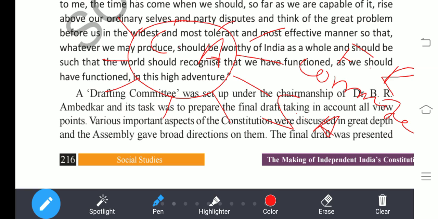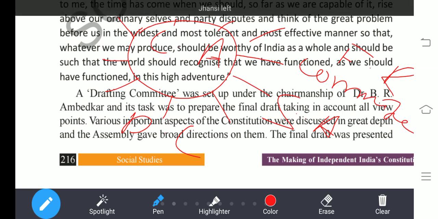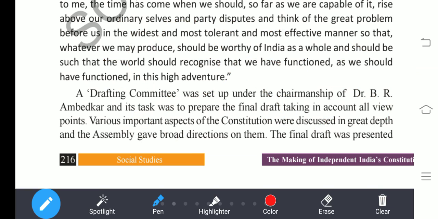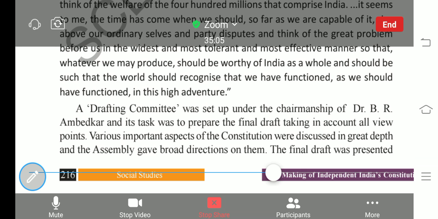Several committees were appointed, and one committee is the drafting committee. All these committees have to do the work assigned to them and submit their work to the drafting committee, and the drafting committee has to compile the work of all these committees to prepare the constitution. Such a great task is allotted to the drafting committee and to the chairman, that is Dr. B.R. Ambedkar. Understand? So this is the class today.